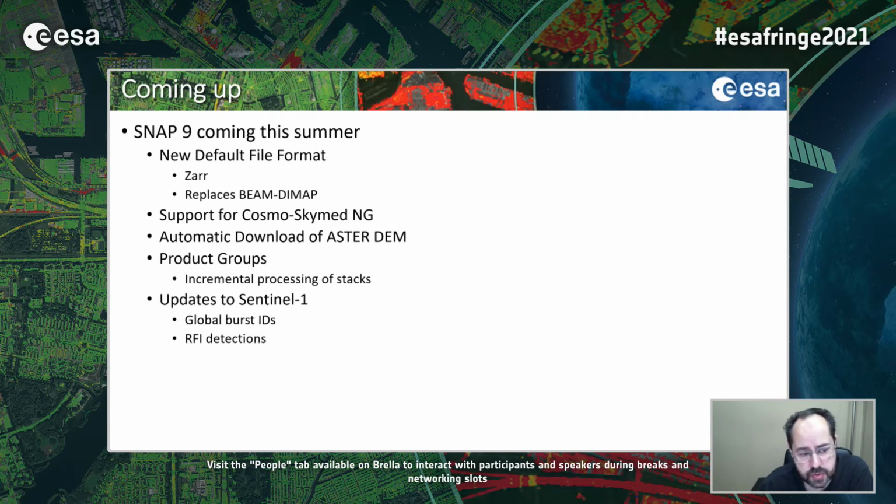We have a product group feature, which is something that has been waiting for a while, which is incremental processing of the stacks, and updates to the Sentinel-1 product itself.